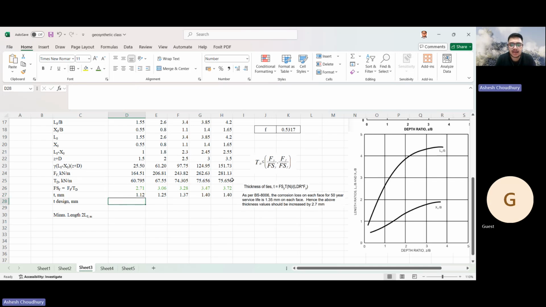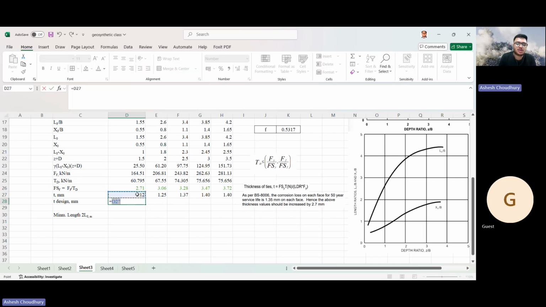Now T design. As per BS 8006, the British Standard 8006, the corrosion loss on each face for 50-year service life is 1.35 mm. On each face, 1.35 mm is lost due to corrosion. Because we are using steel reinforcement, you need to consider this. Hence, the above thickness value should be increased by 2.7.